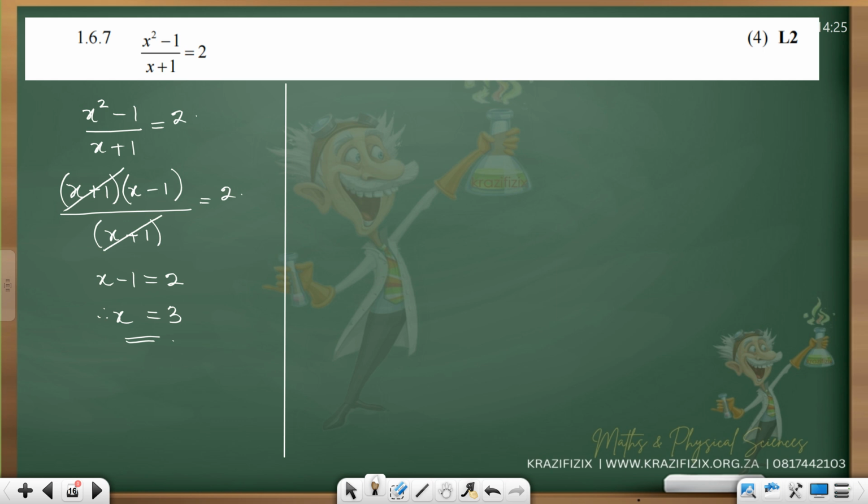A second learner then decides, I see that the highest power there is a squared. This learner decides, I am going to cross multiply. So this learner says x squared minus 1, 2 into x plus 1. X squared minus 1, this learner expands.